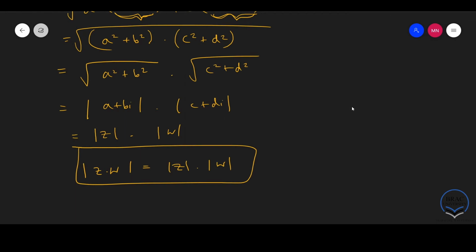Now, suppose that the magnitude of z plus w is equal to 2, and the magnitude of z is equal to the magnitude of w, which is equal to 3, right?